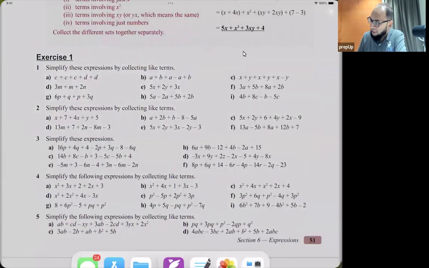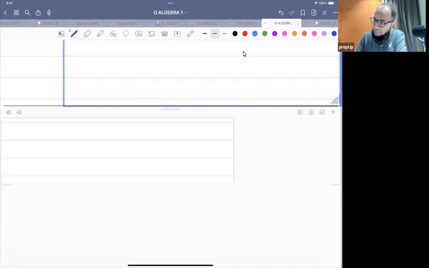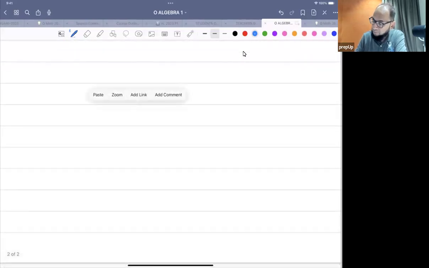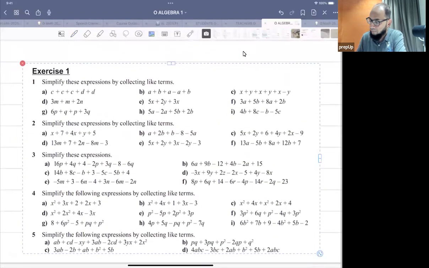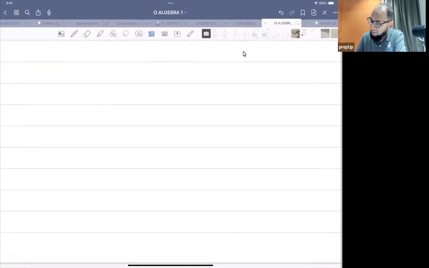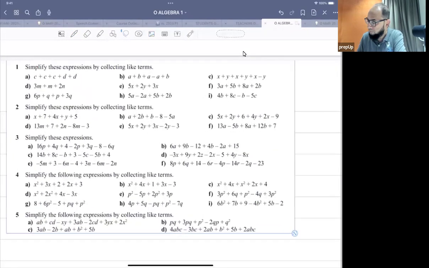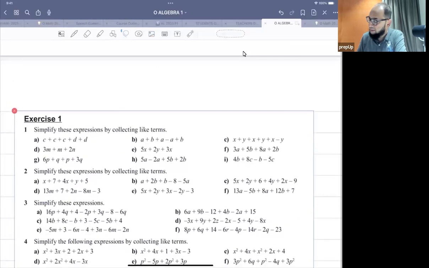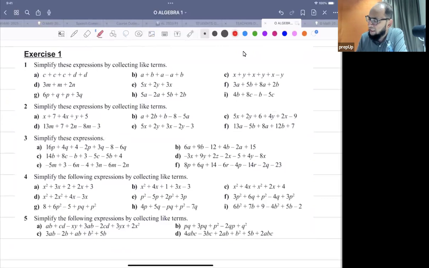So now if I collect the terms over here, actually let me just cut it and paste it on the next page. Now it says, simplify these expression by collecting like terms, something very basic kind of exercise.